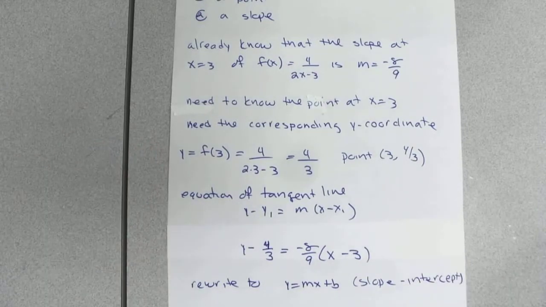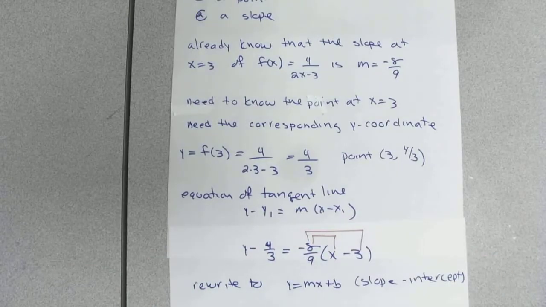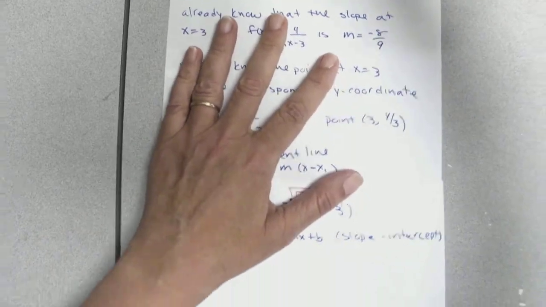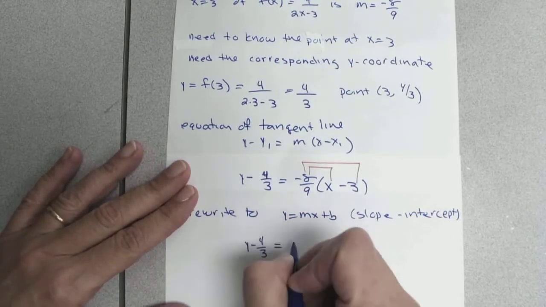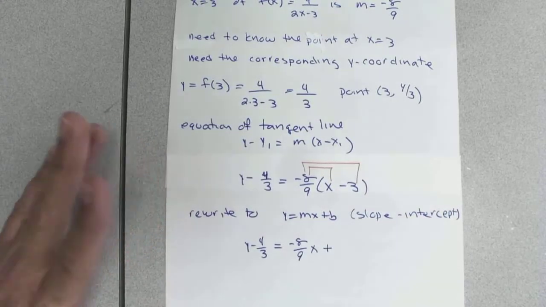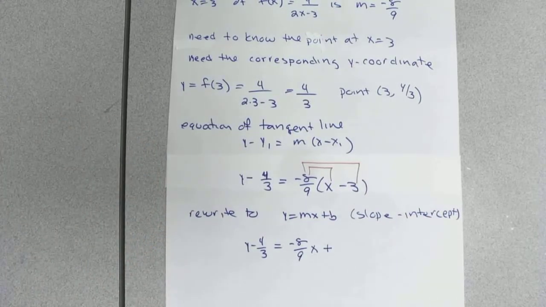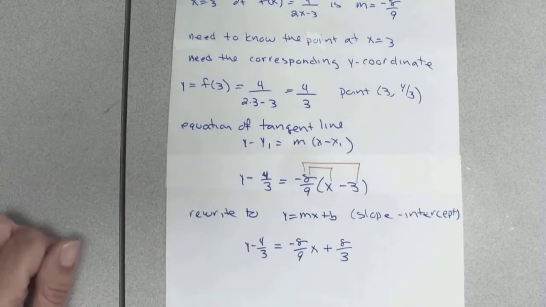So first thing I'm going to do is clear those parentheses. And so I'm going to have y minus 4/3 equals negative 8/9 x plus, and then when I multiply the negative 8/9 times the negative 3, that's the plus, and then the 3 and the 9 are going to cancel, leaving me 8/3.